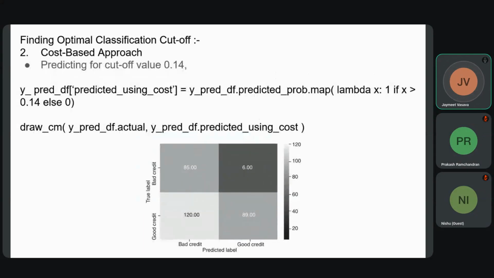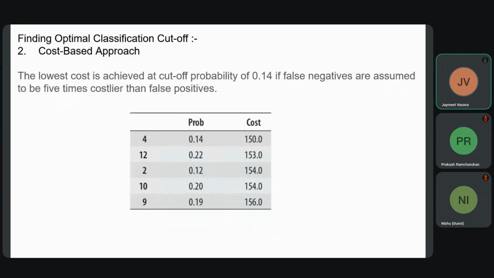So as we did for the Youden's index, where we used the probability 0.22 as our cutoff probability, we'll be doing the same for the y prediction DF and passing it the prediction of 0.14, because we got 0.14 as the probability.